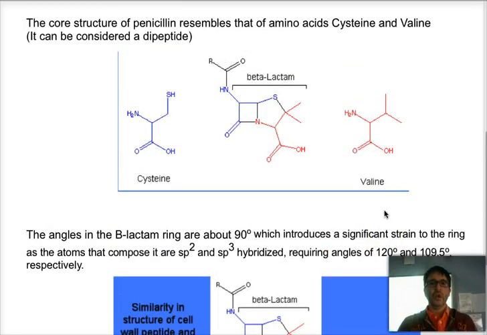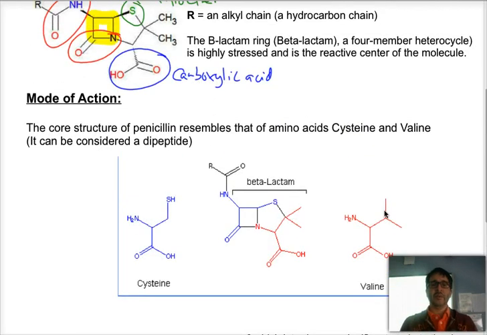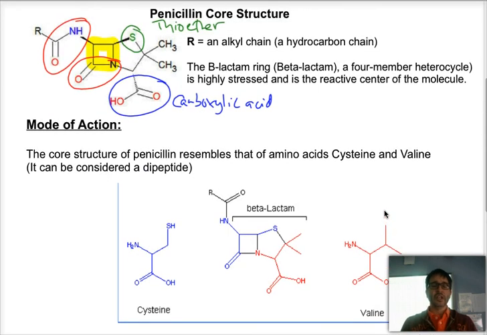Now, the way that penicillin is going to work is that if I can bring you back to thinking about bacterial reproduction. When the bacteria reproduces, it will replicate its DNA. But one of the things that it needs to do is form a new cell wall between the two daughter cells, and this is where penicillin is going to act.